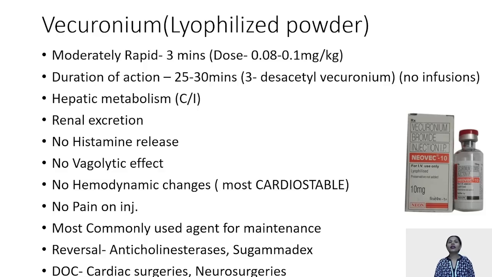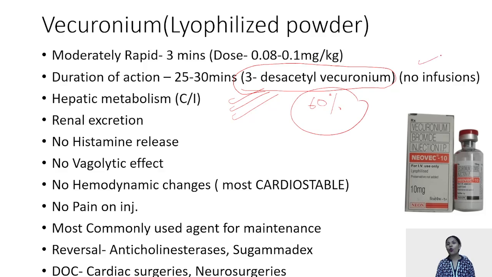When it gets metabolized, it is hepatic metabolism, and most of the vecuronium is excreted in the bile. It has an active metabolite. 3-desacetyl vecuronium is the active metabolite of vecuronium, and it has a potency of 60%.